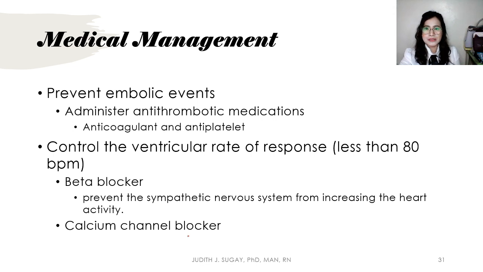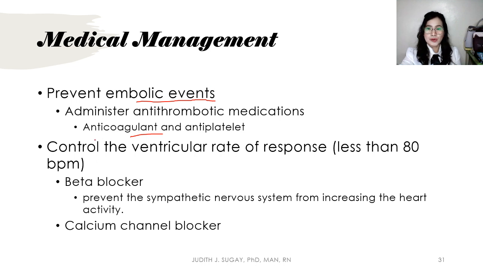So what's important is we have to administer thrombotic medications. Okay, so this one will prevent embolic events. Again, because these medications act as a blood thinner, and they will prevent embolism.